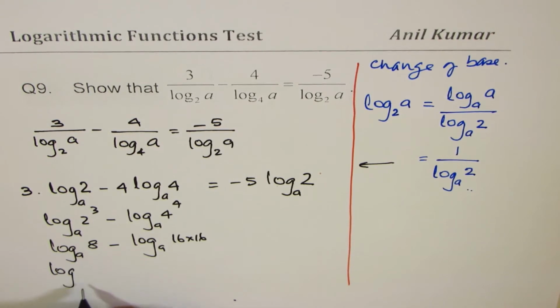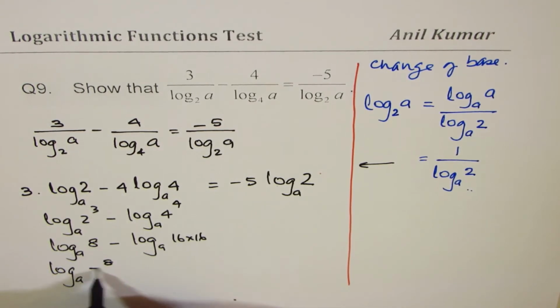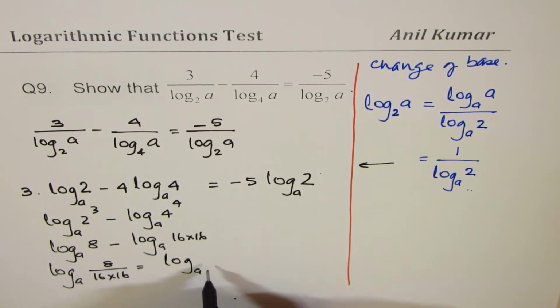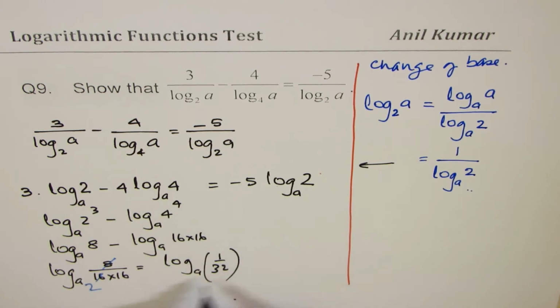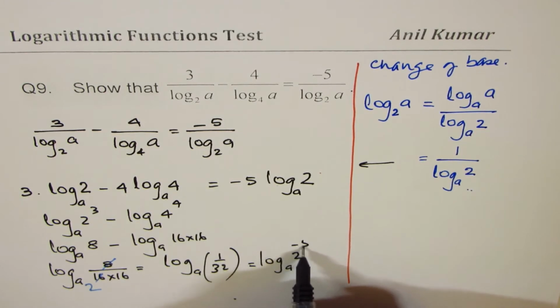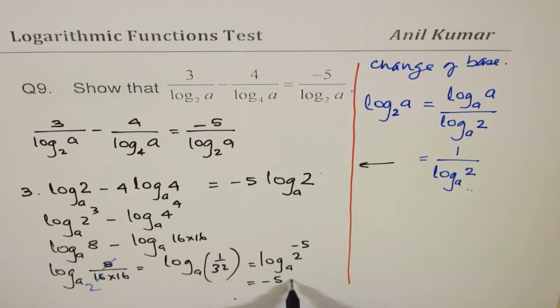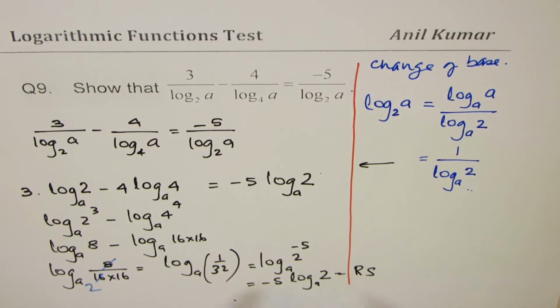So log to the base a of 8 divided by 16 times 16, which is log to the base a of 1 over 32, since 8 could go 2 times, correct? 2 times 16 is 32. Now 32 can be written as log to the base a of 2 to the power of minus 5, and that is minus 5 log to the base a of 2, which is the right side. Does that make sense? So the right side is the same as the left side.